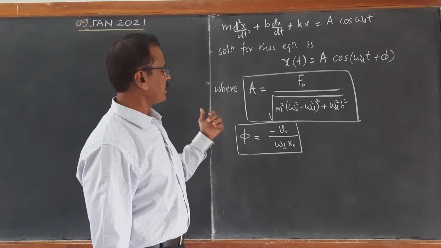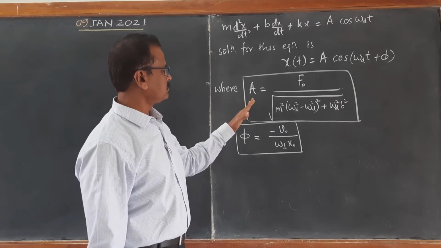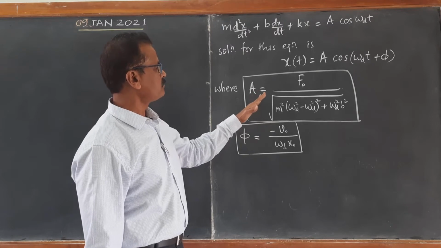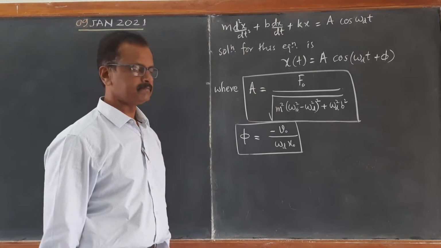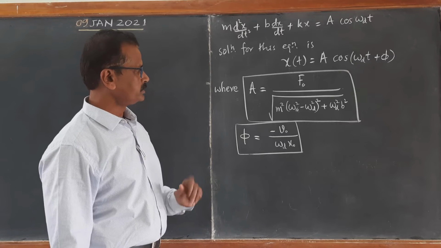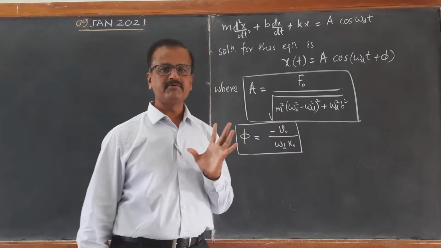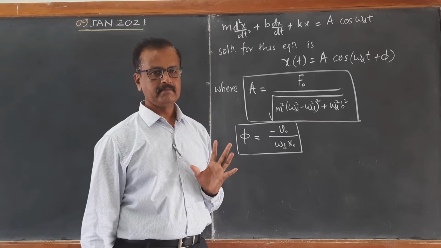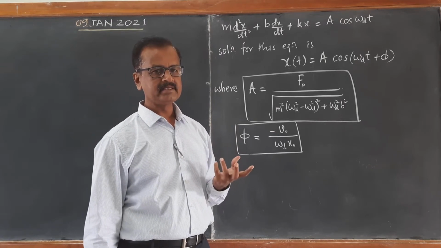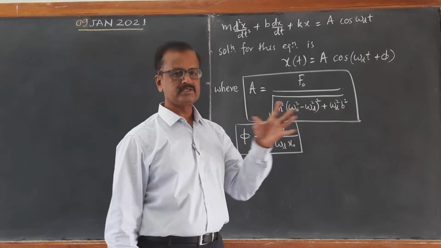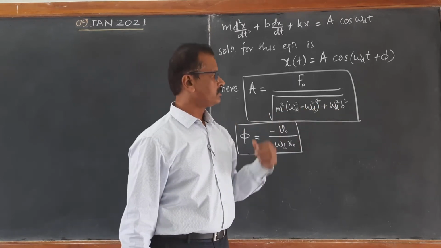Now we can verify clearly what are the factors on which the amplitude of such forced oscillations depends. There are two things to be observed here. One is when there is enough amount of damping, then omega d square b square is to be accounted for.